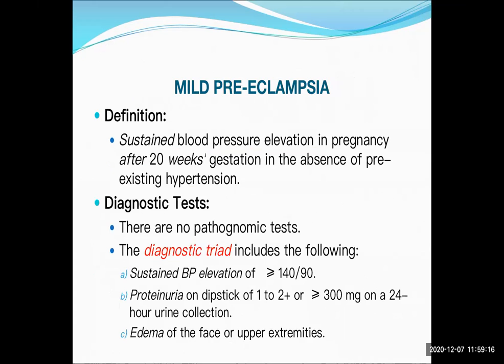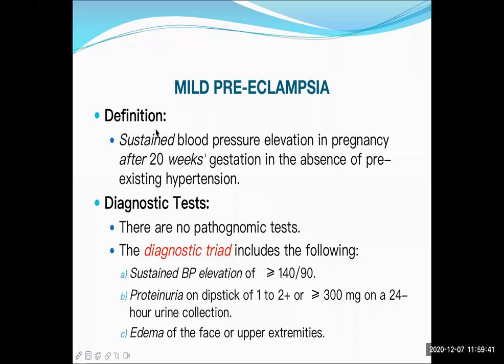Now, I'm moving into the very important part of this lecture. In the beginning of this class, I clearly listed mild preeclampsia and severe preeclampsia. Now, let's talk about them in a little more detail. What is the pathophysiology? What may be the etiology? And how do we reach the diagnosis?